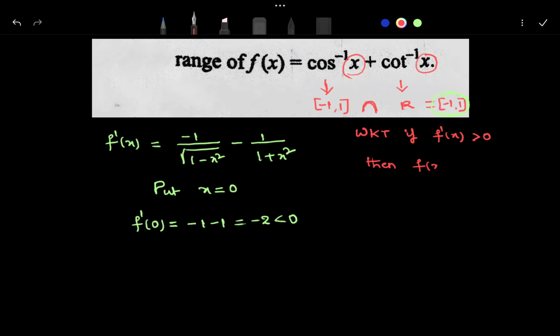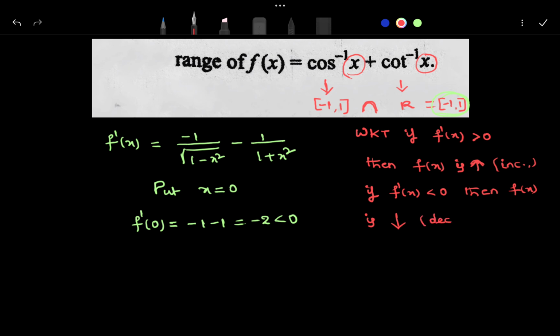Upward symbol means increasing. Similarly, if f dash of x is less than 0, then f of x is decreasing, meaning a downward arrow mark.